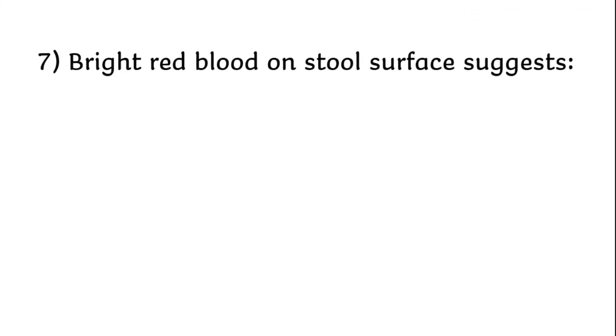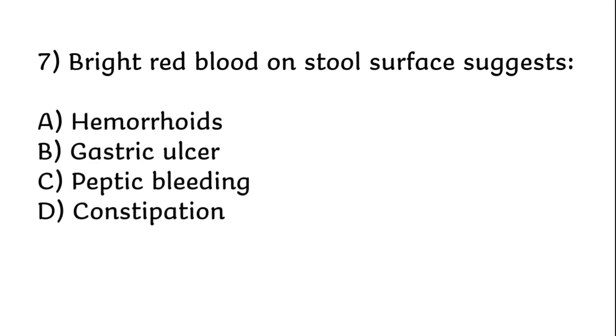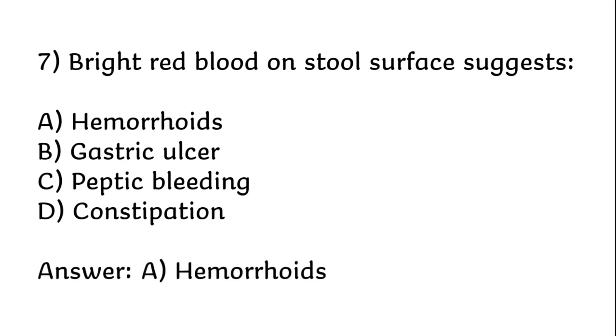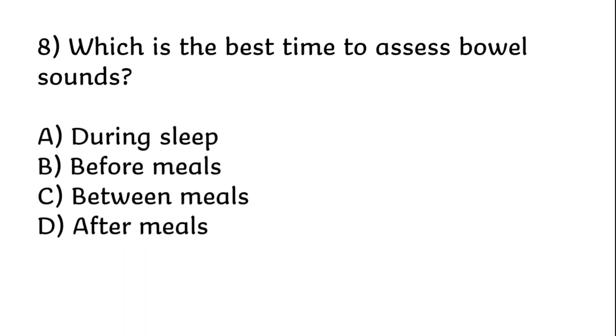Bright red blood on stool surface suggests hemorrhoids, gastric ulcer, peptic bleeding, constipation. Correct answer is option A, hemorrhoids. Which is the best time to assess bowel sounds? During sleep, before meals, between meals, after meals.